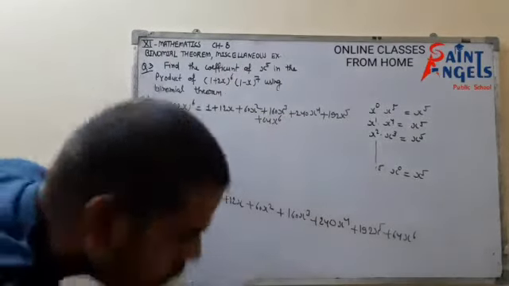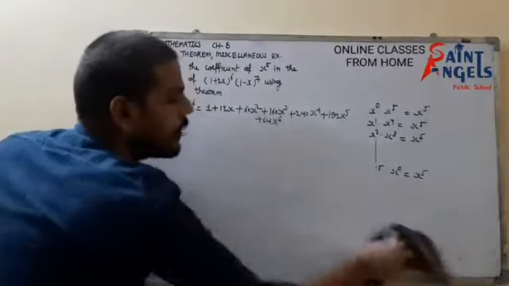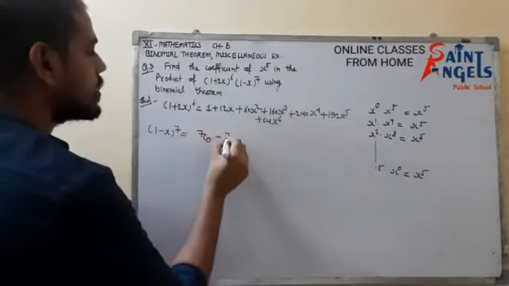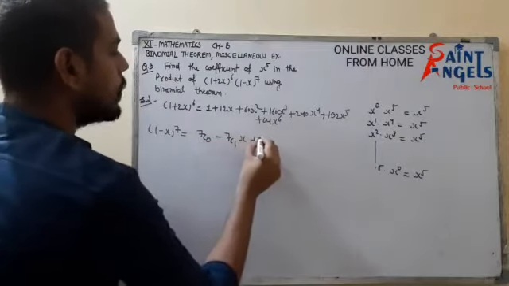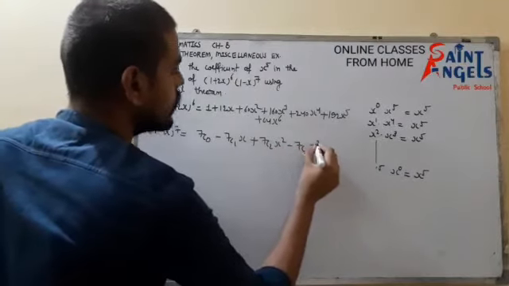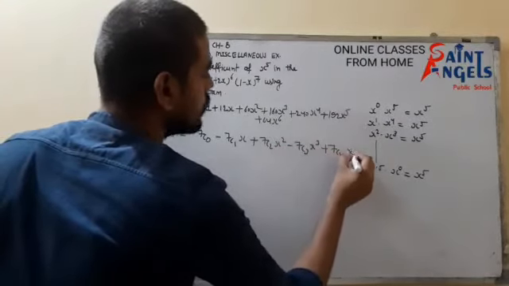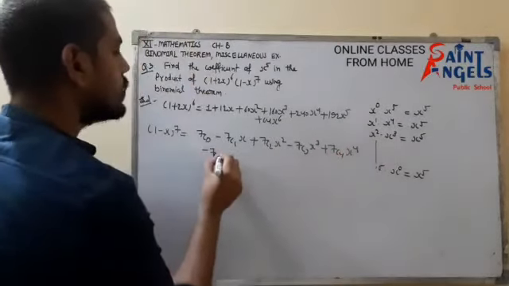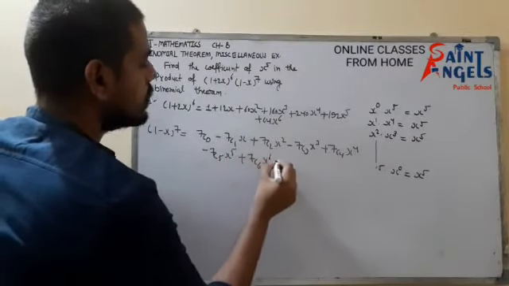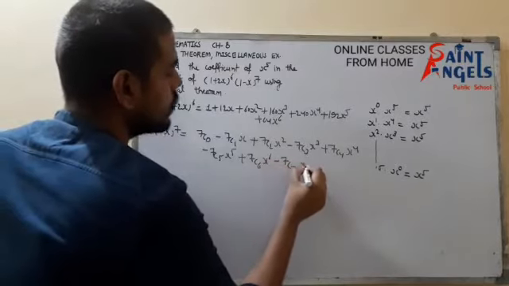Okay, so solve it. It would be equal to 7C0 minus 7C1 x plus 7C2 x square minus 7C3 x cube plus 7C4 x to the power 4 minus 7C5 x to the power 5 plus 7C6 x to the power 6 minus 7C7 x to the power 7.